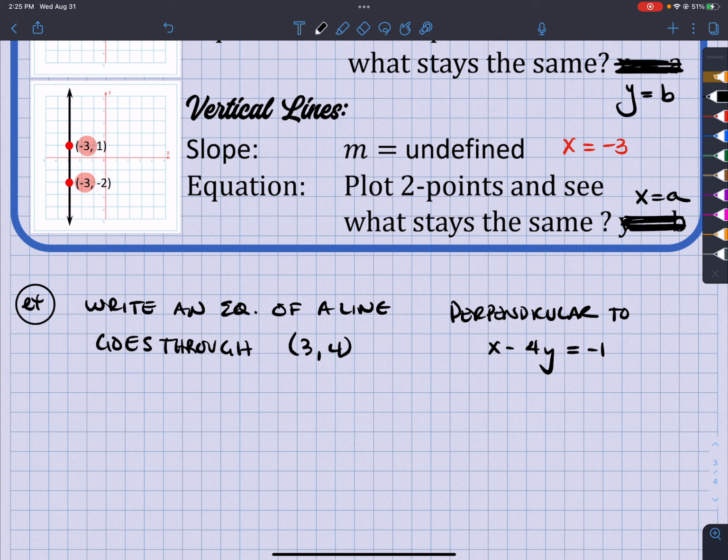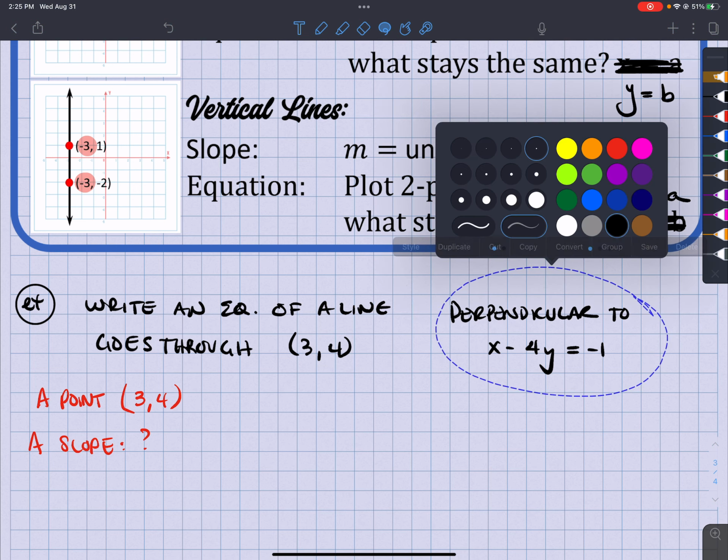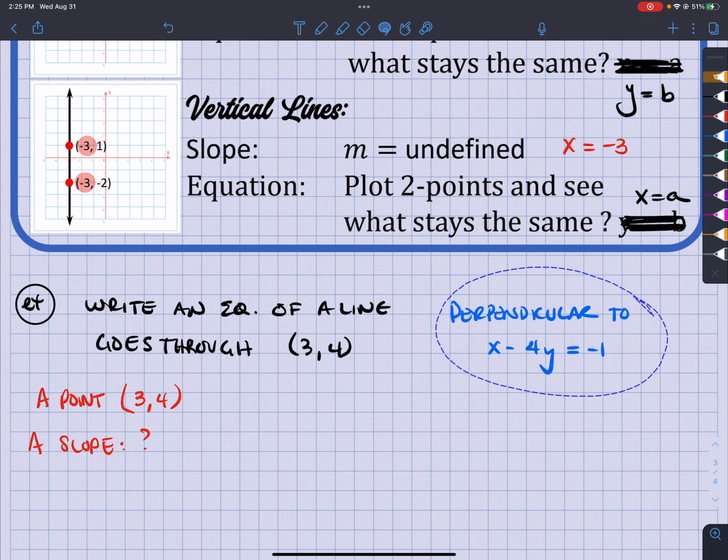Okay, so I have to write an equation of a line. To write an equation of a line, I need a point, which I have, (3, 4), and I need a slope, which I don't have yet. To find the slope, I'm going to look right here. This tells me that my line is going to be perpendicular to this line. So I want to know what their slope is.